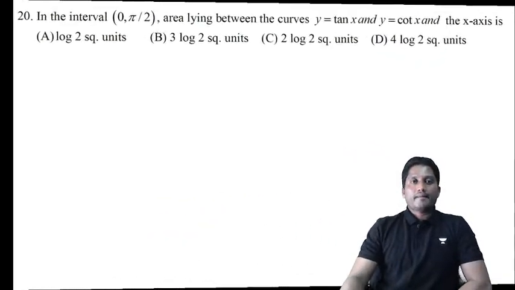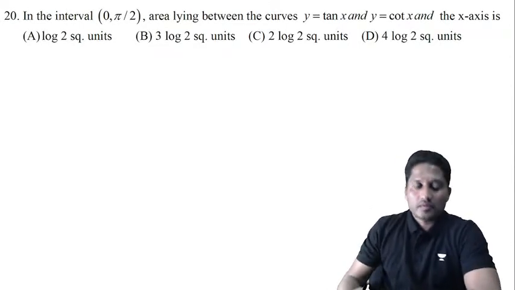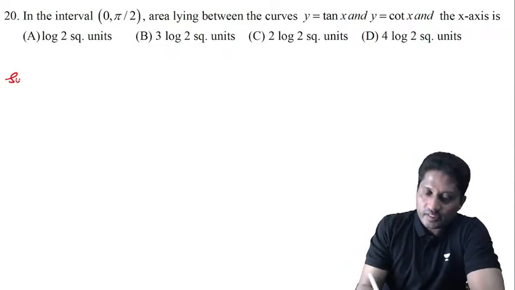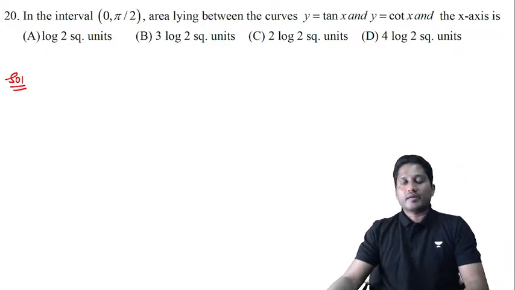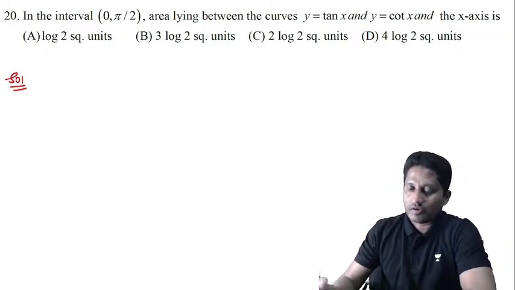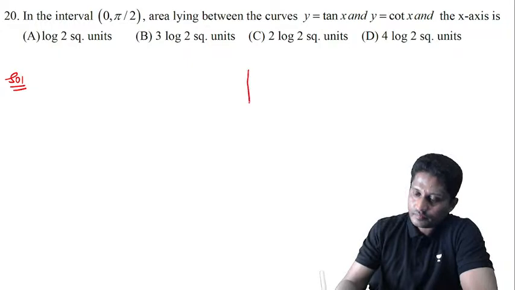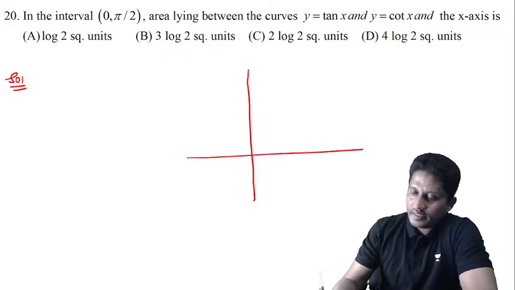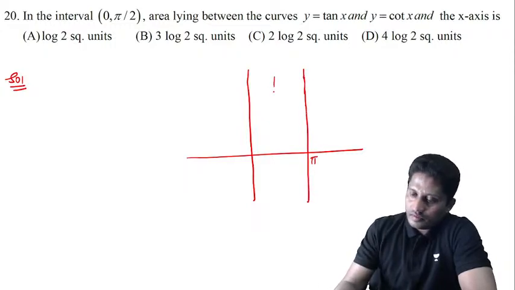Question number 20. In the interval 0 to pi by 2, I should find area bounded between tan x and cot x and x axis. This will be tan graph, right? Tan 0 will be 0, and tan 90 is not defined.